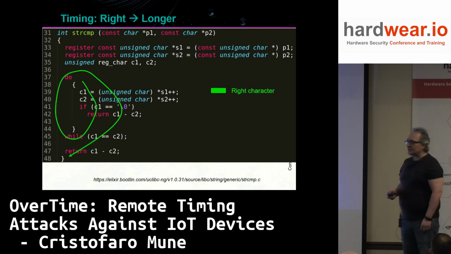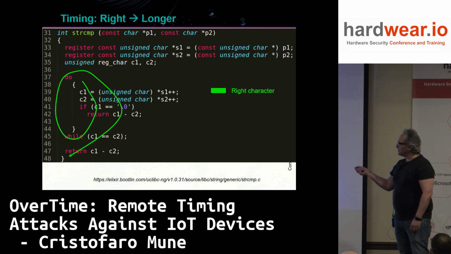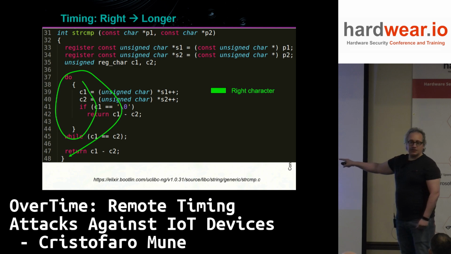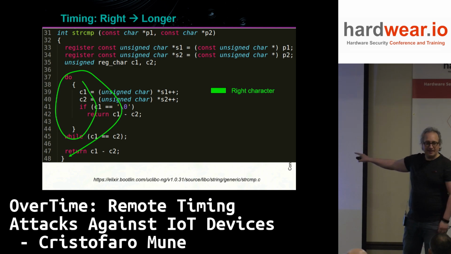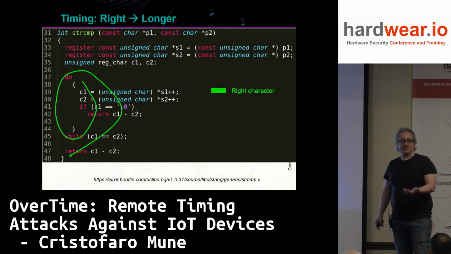The loop checks the first one, the while says it's a good one, so you do the loop again. And then, because the second one that I sent is likely incorrect, it just exits. So I have a distinguisher in behavior. The device or the target behaves differently if I send a good character or a wrong one, even if I don't know which is which.